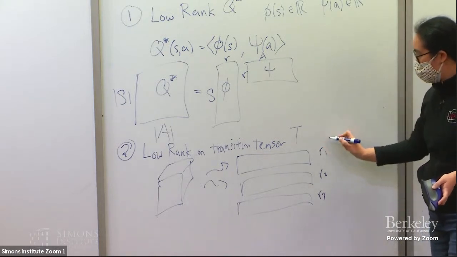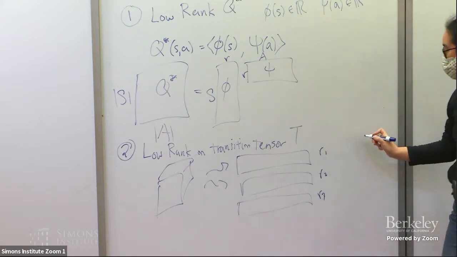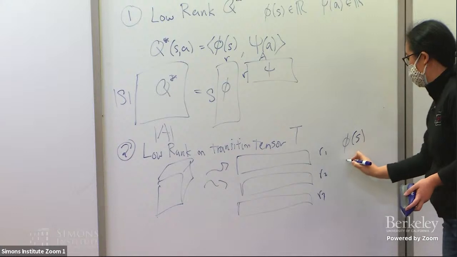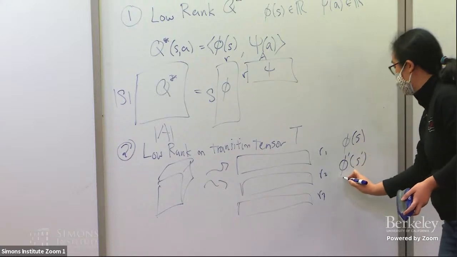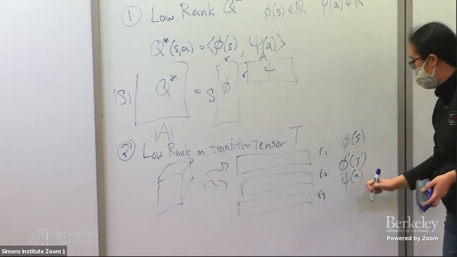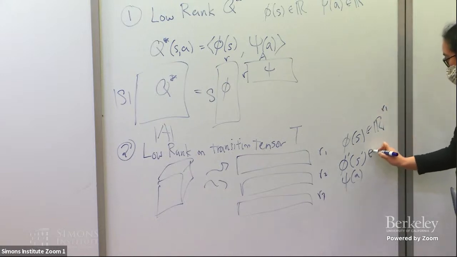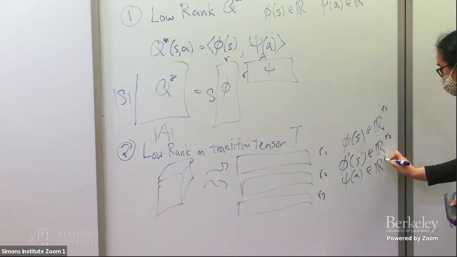So in particular, the corresponding features here, we can think of it as you would probably have a phi, maybe a phi prime, S prime. Again, this would be R1 dimensional, this one would be R2 dimensional, this is R3 dimensional.